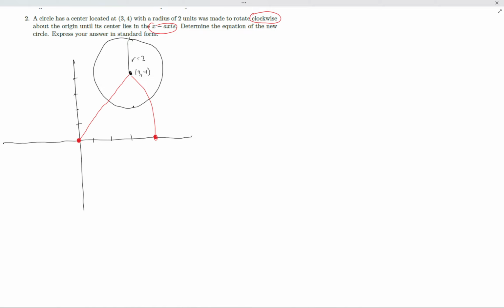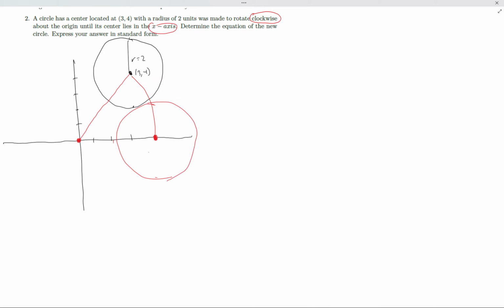So this is the new location of our center. But the radius will not change because there were no conditions given in our question that we should change the radius. So therefore, we just need to draw the radius here and right here. I'm just gonna draw a crude graph again of how that circle would look.